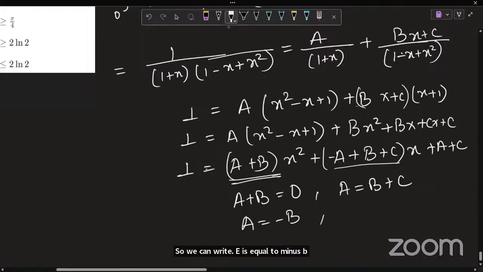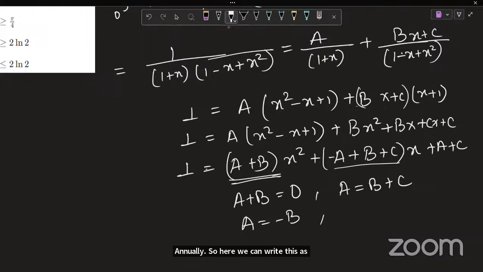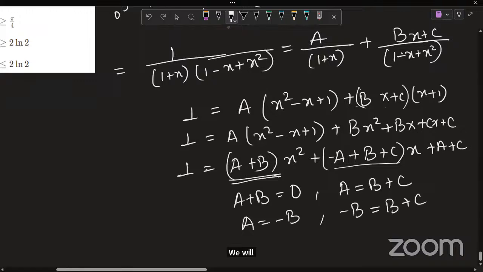After solving this, we will get the values of a and b. So here we can write a is equal to minus b, and b is equal to minus c by 2.